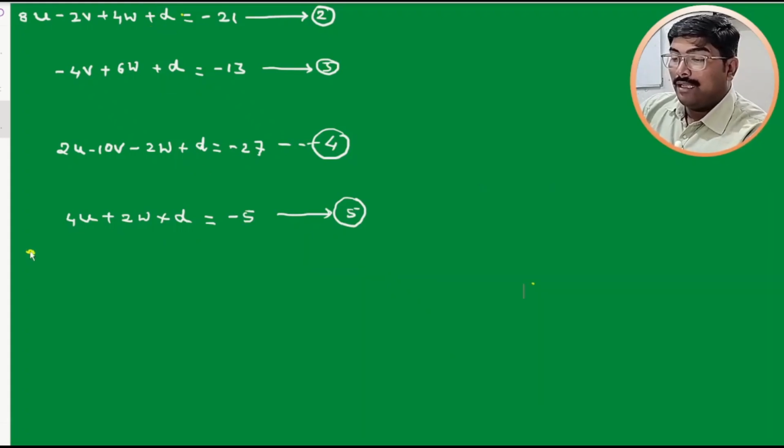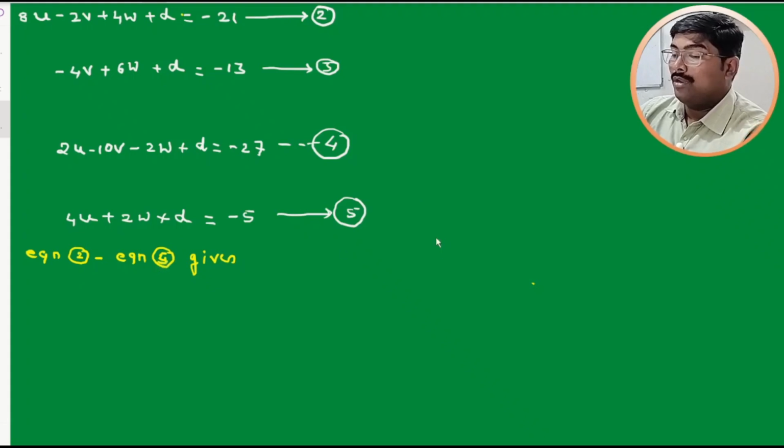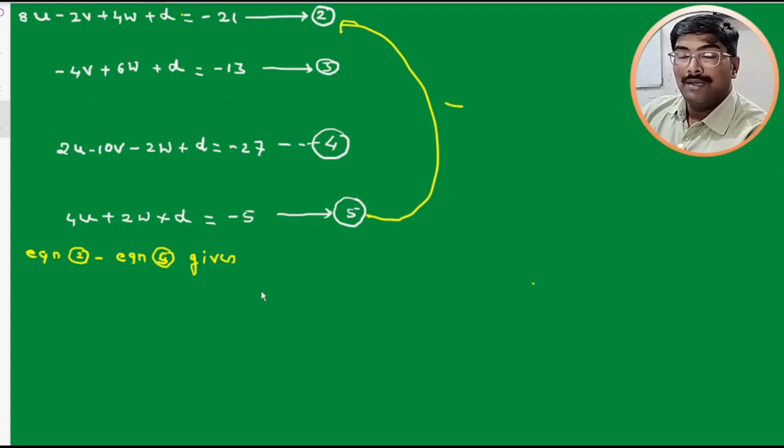Now I will write here equation 2 minus equation 5 gives, which means you have to subtract equation 5 from equation 2, you have to subtract means minus sign.